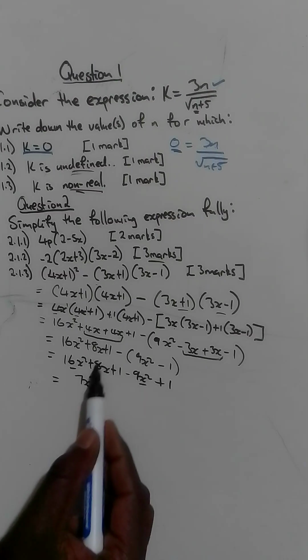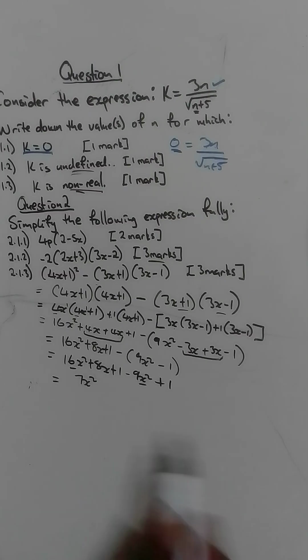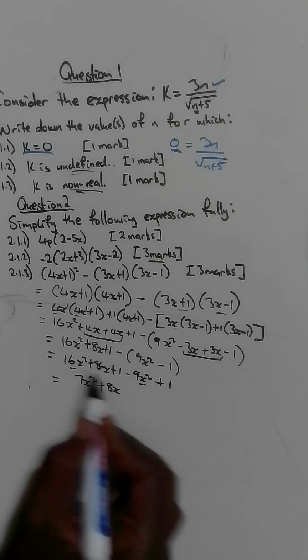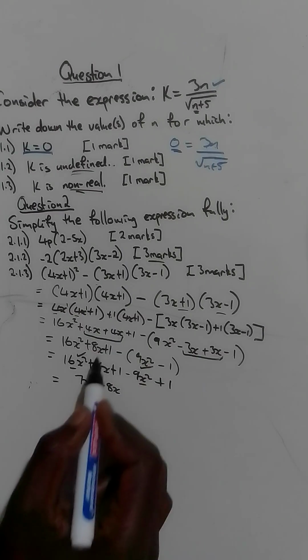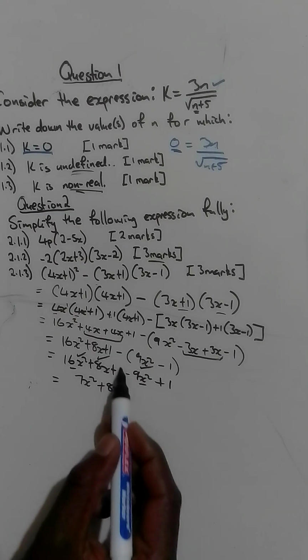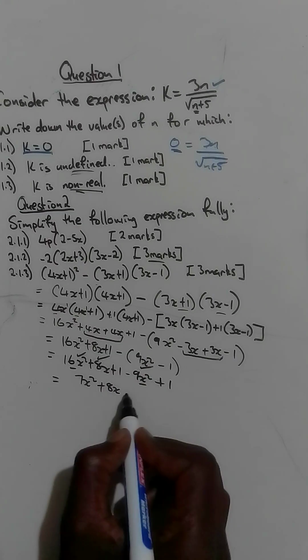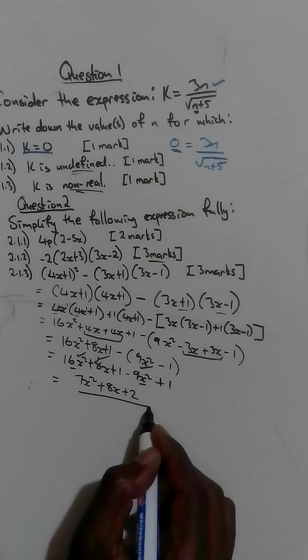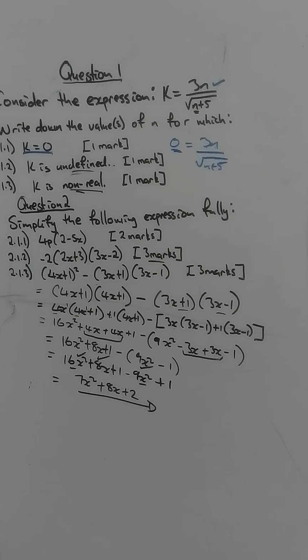And then 8x does not have any like term, so we write positive 8x. Then we have got, so this and that done. This we have written it. We are left with 1 plus 1, which is equal to 2. And just like that, we are done, right?